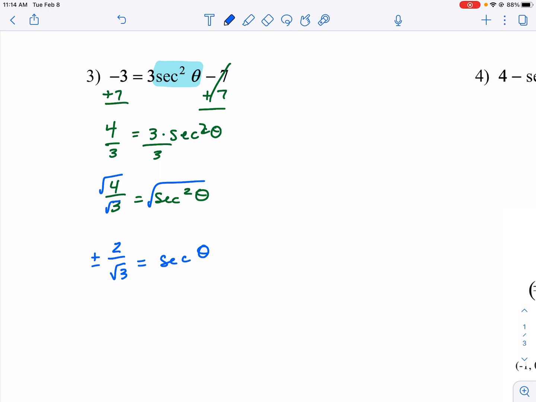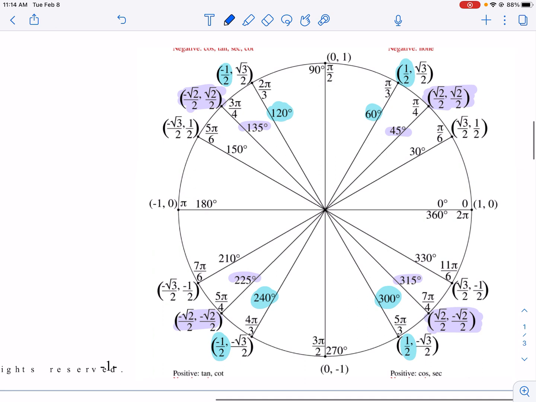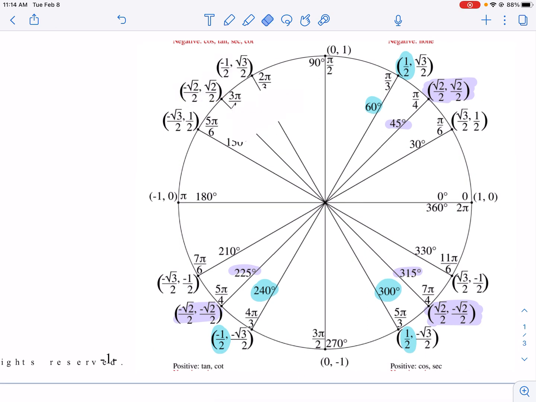I'm actually not going to rationalize this because remember secant is a reciprocal function and it's the reciprocal of cosine, and cosine is x. So I'm looking for where x is radical 3 over 2, plus minus, because these two are reciprocals. So secant is equal to this when cosine is equal to this. So again, looking at my unit circle, where is x equal to that?